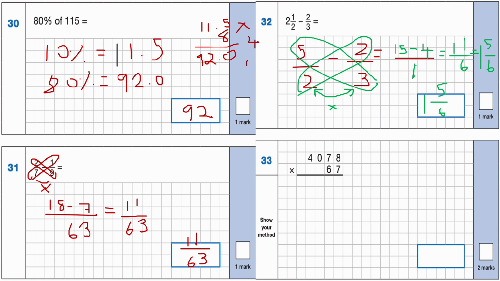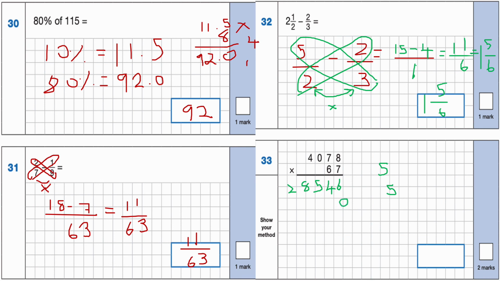Question 33, guys, is multiplying. 8 times 7 is 56, so 6 carry the 5. 7 times 7 is 49, plus the 5 is going to be 54. So 4 carry the 5 again. Okay, 7 times 0 is 0, plus the 5 is 5, and 7 times 4 is 28.